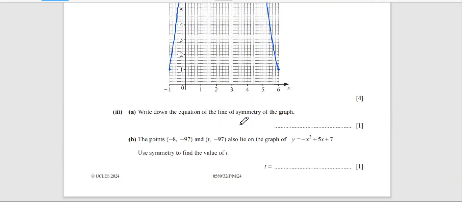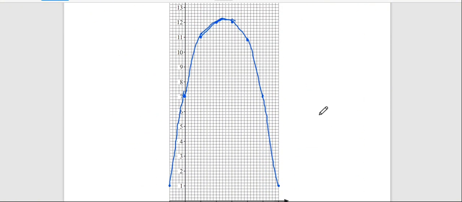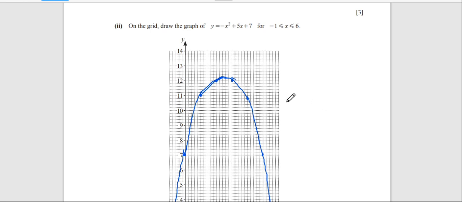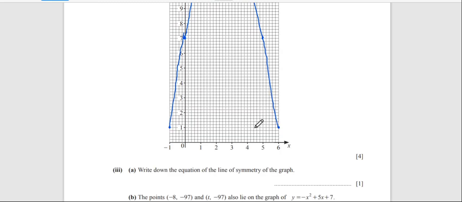Then they now say write down the equation of the line of symmetry. That's where the curve divides. So if you look at this very well, you'll notice that the graph is symmetric. That's 13, 13. So between the 2 points there, that's where we are going to have a line of symmetry, which is between 3 and 2.